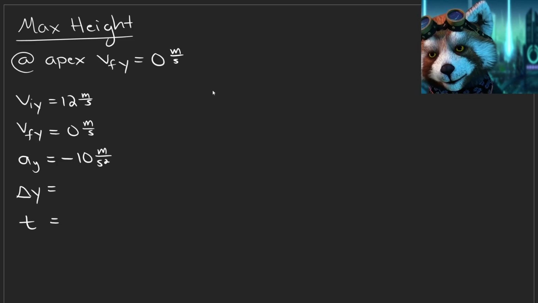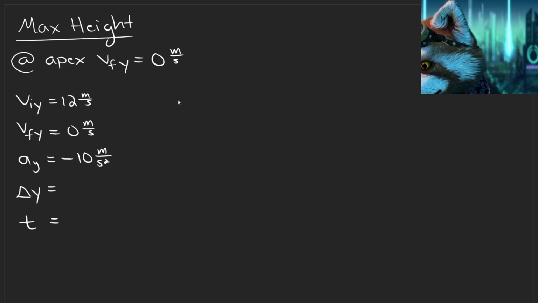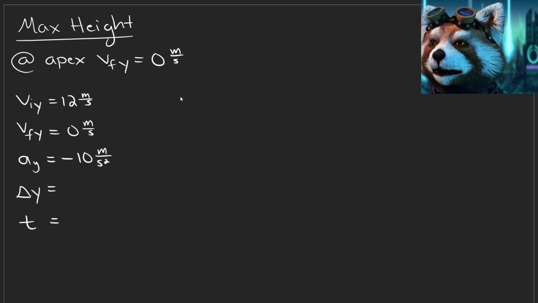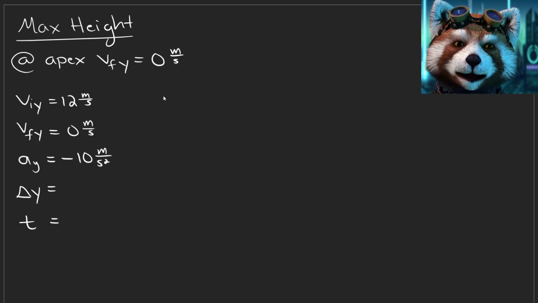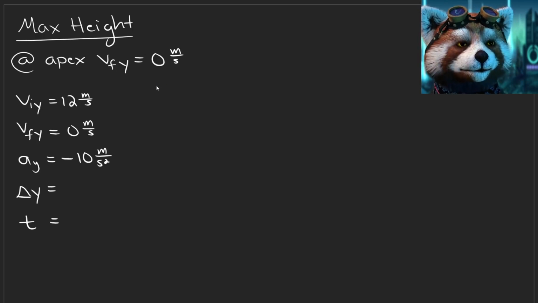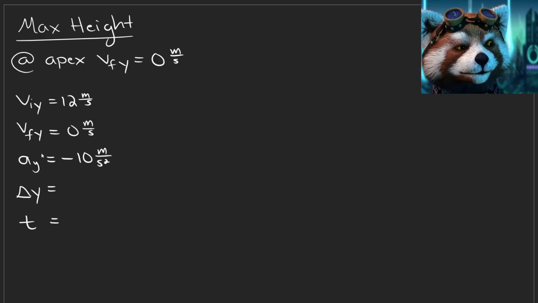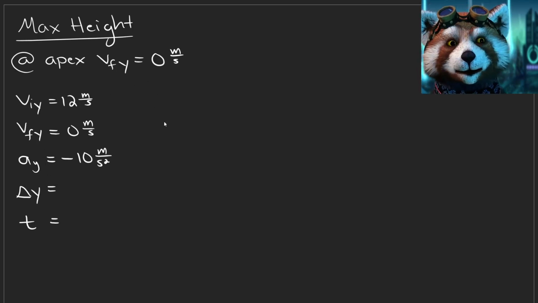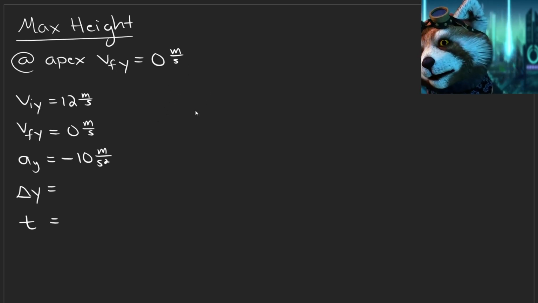So one way is to use equation 2, which says that, oh wait, no, not equation 2, because then we'd have to find, we're finding time, not delta y. You know what, I like equation 2. Let's see if we can do anything with it.